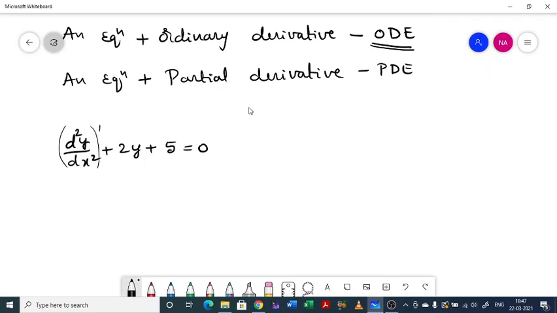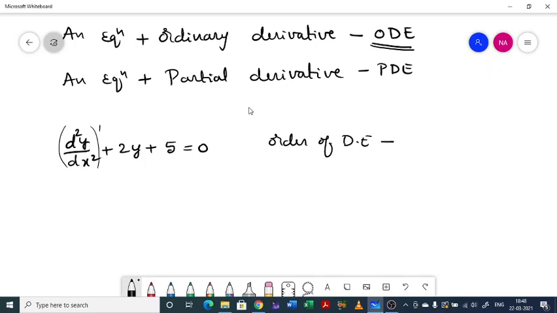Looking at the definition, the order of a differential equation is the order of the highest derivative present in the differential equation. Now look into this equation, d square y by dx square plus 2y plus 5 equal to 0, and say I want to find its order. To find the order, look into the highest derivative term.